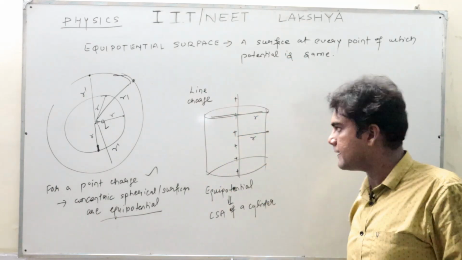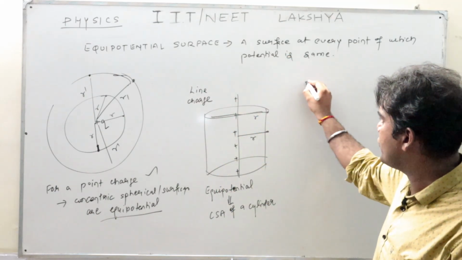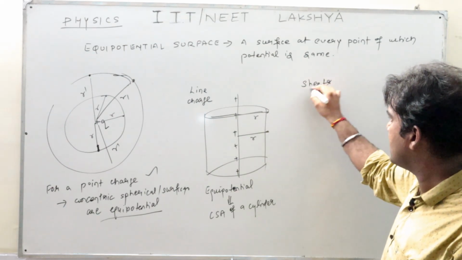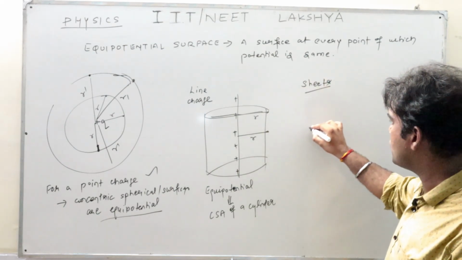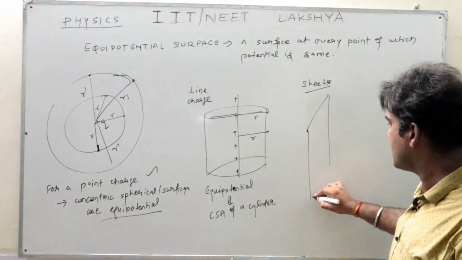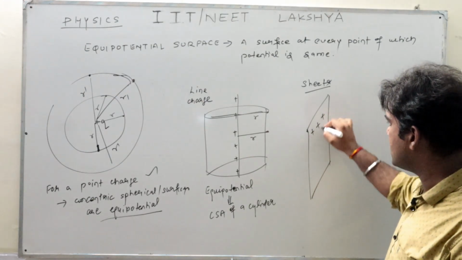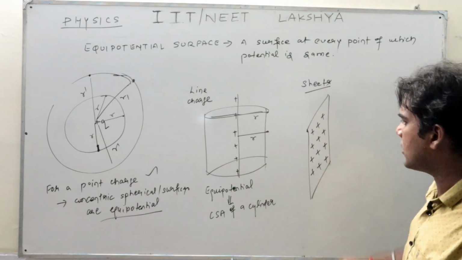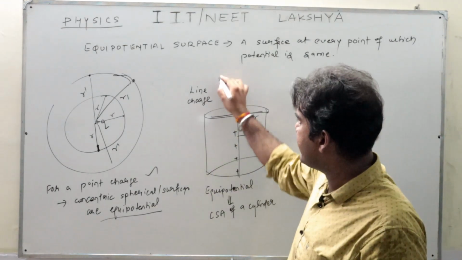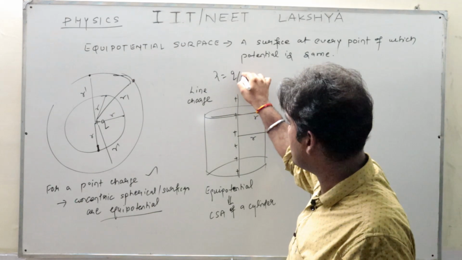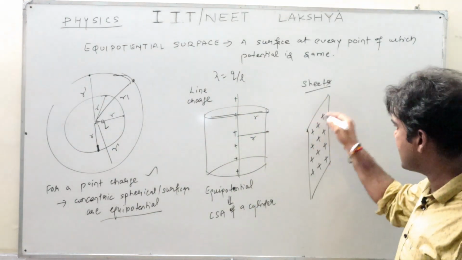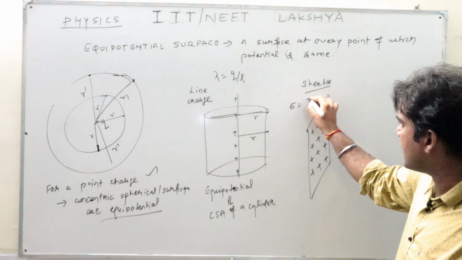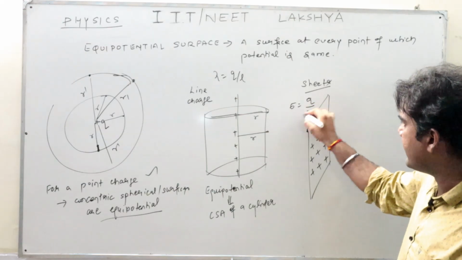It is infinite. Similarly, you can have sheets also. Suppose this is your sheet. Here a surface charge density will be there, as we already discussed in electric field. Here linear charge density was charge distributed per unit length, and here surface charge density sigma is the charge distributed per unit area.